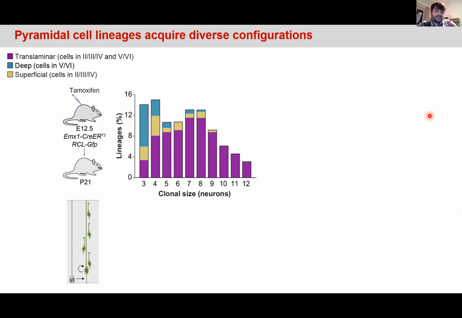That is, the total amount of cells that a single radial glia cell produces during neurogenesis can go from 3 to over 10 cells within the same temporal window of time. So this is very variable, and this wide distribution of clonal sizes was true for both translaminar and restricted lineages, although restricted lineages, as I said before, were typically smaller in average size, and therefore did contribute largely to this enlarged fraction of lineages composed by only 3 or 4 cells.